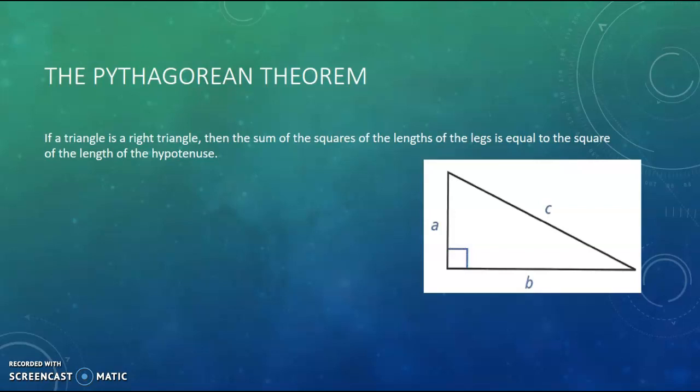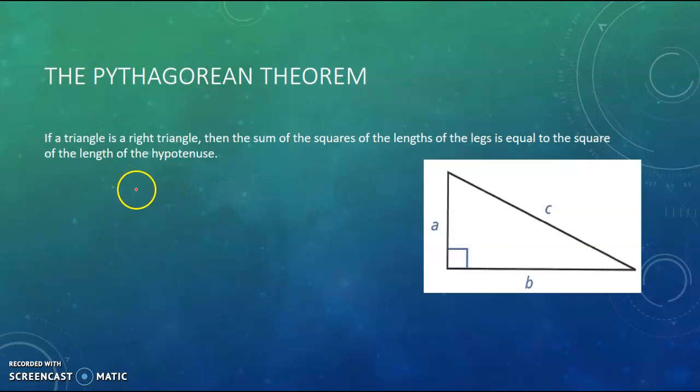Just a reminder, we know a triangle is a right triangle as long as it has an angle that has 90 degrees in it. We know that this is a 90-degree angle because it has that box. So if a triangle is a right triangle, so that's what this triangle is, then the sum of the squares of the lengths of the legs, so our legs in this case are going to be A and B, is equal to the square of the length of the hypotenuse.